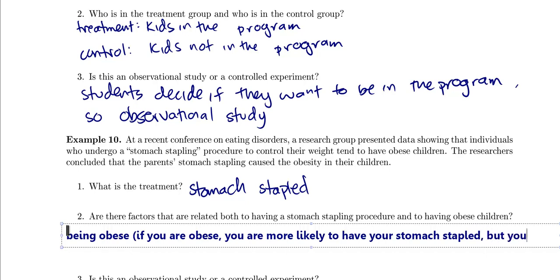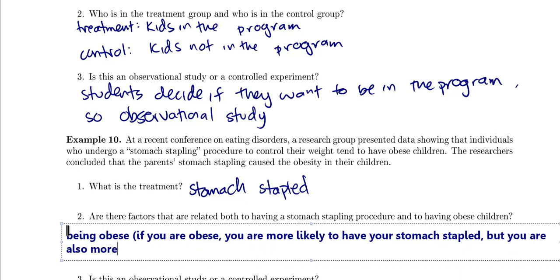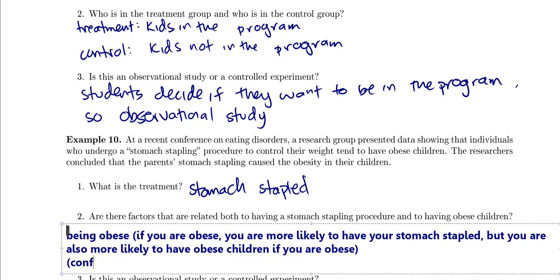Okay, but you are also more likely to have obese children if you are obese. So this being obese would be a confounding factor. Because being obese affects whether or not you get your stomach stapled and also affects whether or not you have obese children.